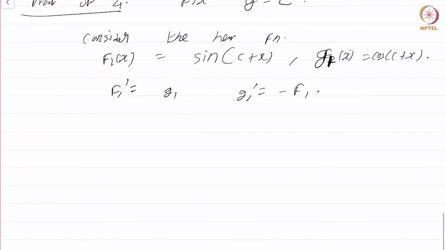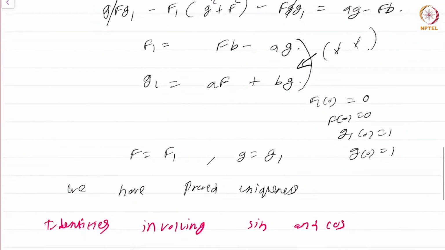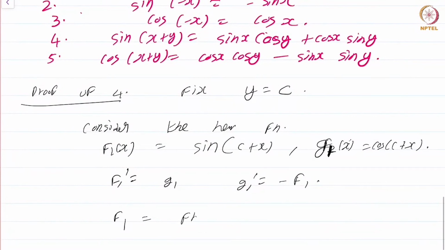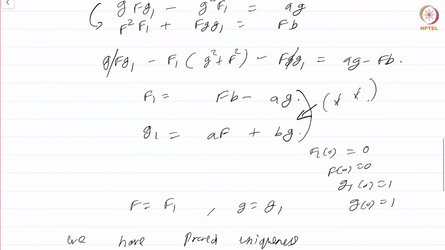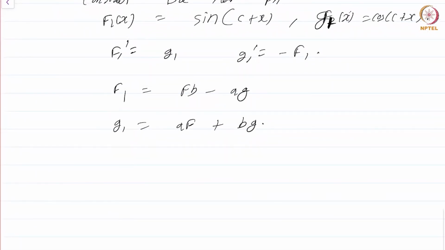What does this give us? Well, this gives us f1 is equal to, let me go back because my memory is not what it used to be, f1 is fb minus ag and g1 is af plus bg. So let me just translate this pair of equations into more concrete stuff.